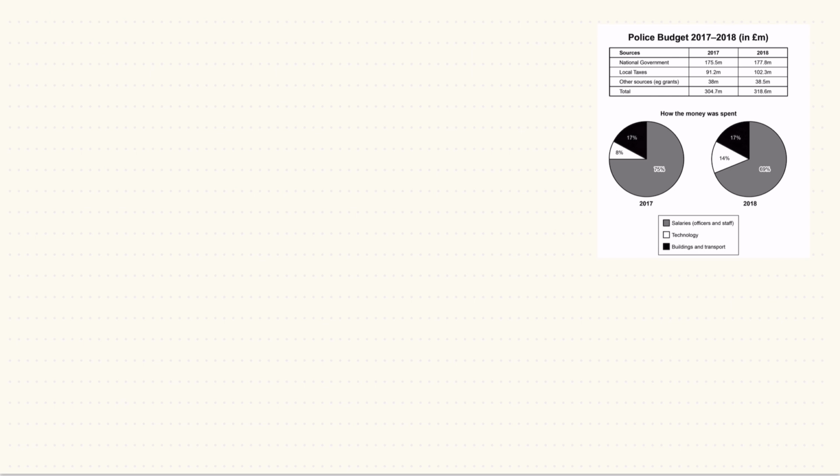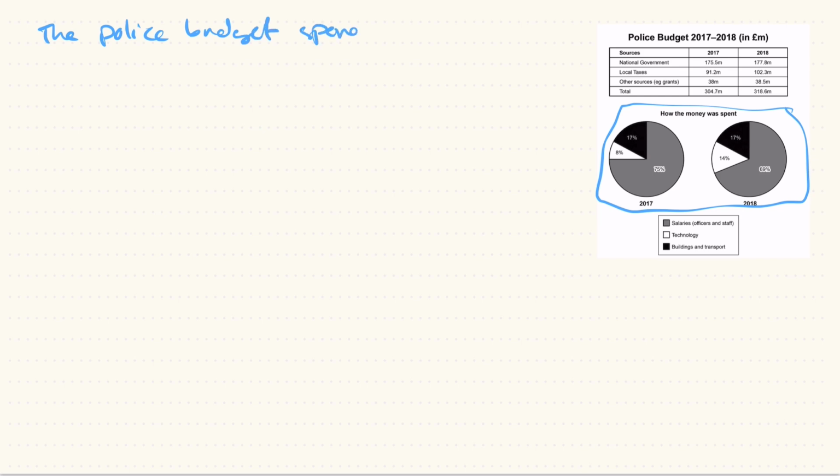So let's move to the next page. In this next page, we are going to specifically target the second part of the graph here. So you can say the police budget spendings are three categories of salaries, comma, technology.